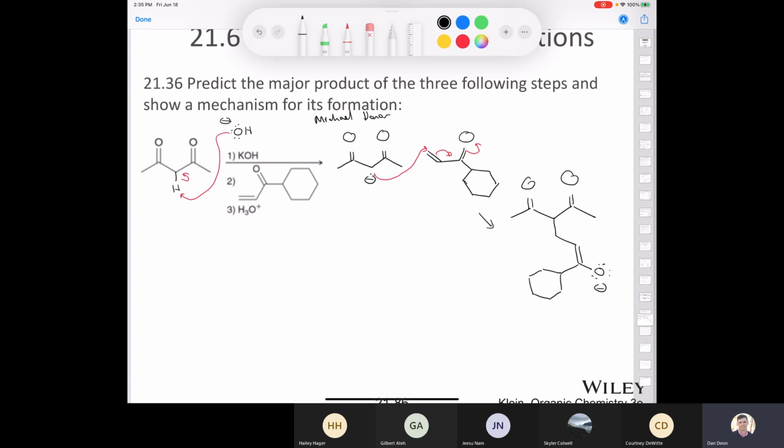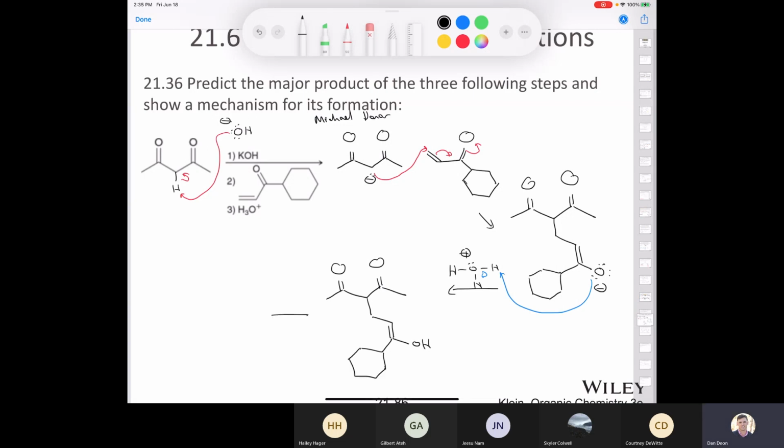I'm going to have this enolate like that. So then in the next step, we're going to treat it with aqueous acid. That's going to do a proton transfer like this. We end up with the enol. Okay, so let's draw the enol form. This looks like this. There we go, like that.